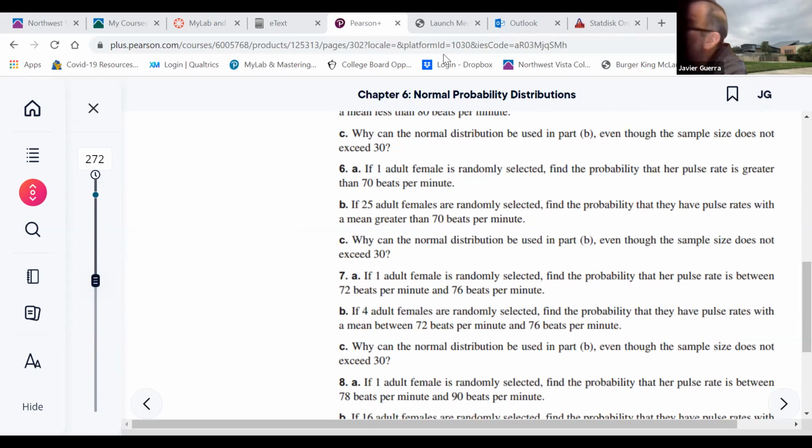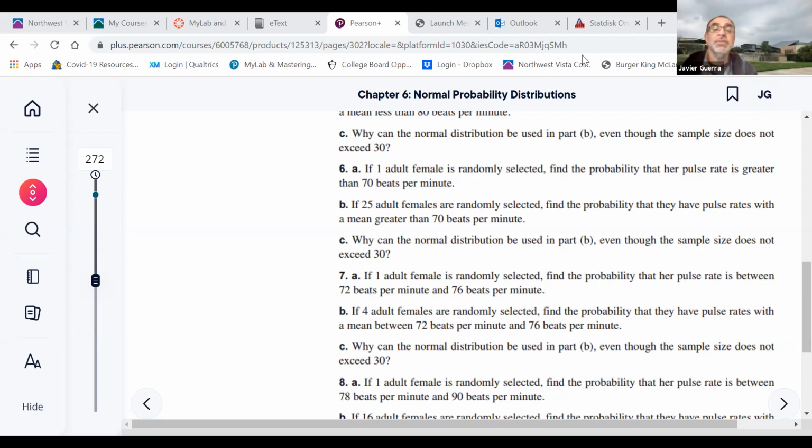All right, so I already found my mean and my standard deviation. I just need to write down my probability. Number 7A says find the probability that her pulse rate is between 72 beats per minute and 76. So I have to put 72 less than X less than 76.